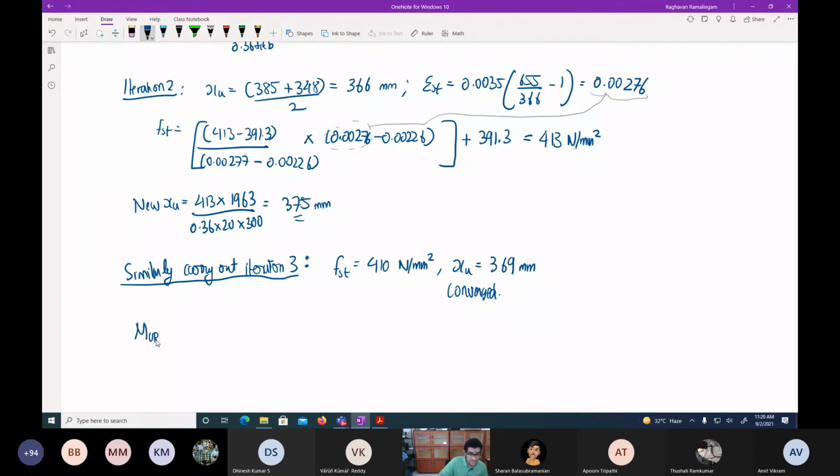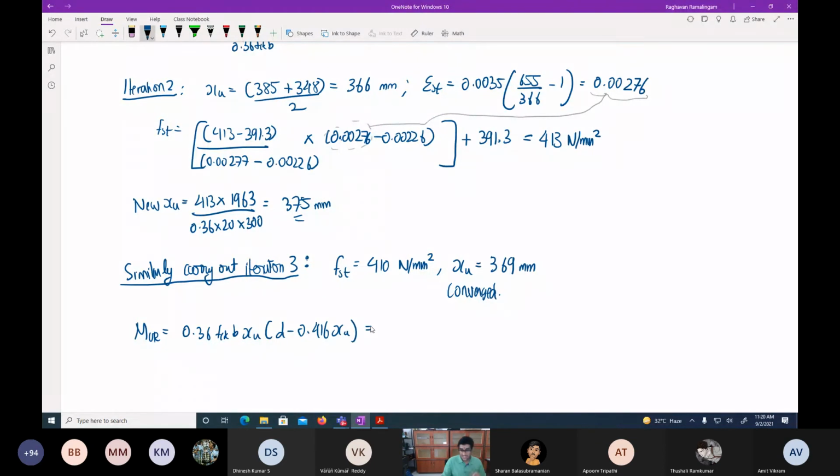So to find out MUR, you will have to use these converged values of XU, and if you are using the FST formula, then that value of FST. So 0.36, this formula does not change. It's 0.36 FCK B into XU into D minus 0.416 XU.